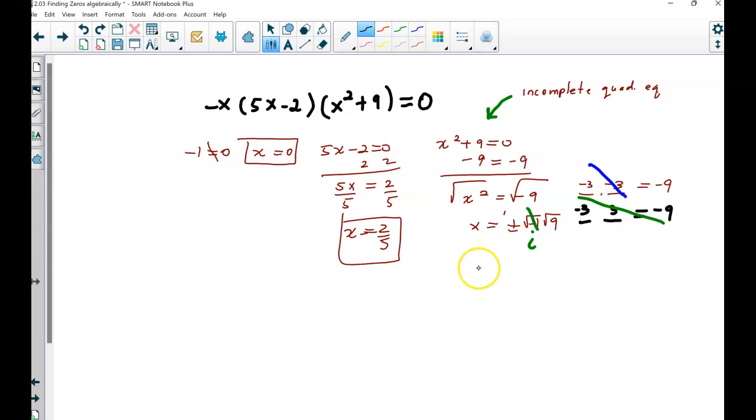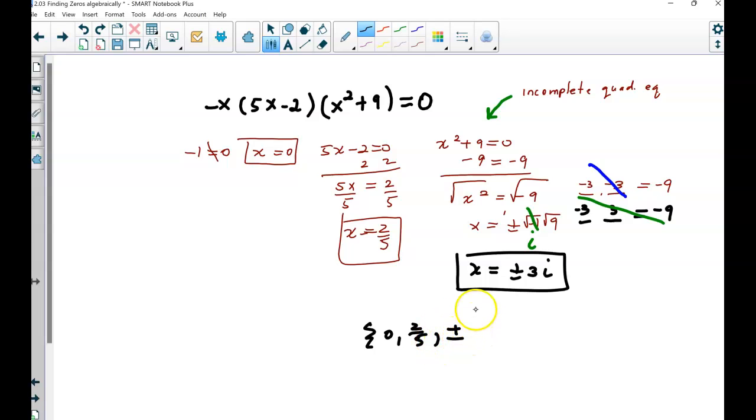So this problem becomes plus or minus the square root of 9, which is 3, and i. So we actually have two real answers of 0 and 2/5, and I think you're only supposed to put down real answers. And then we have two answers, plus or minus 3i.